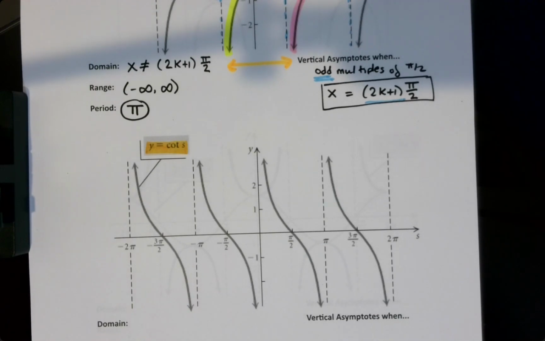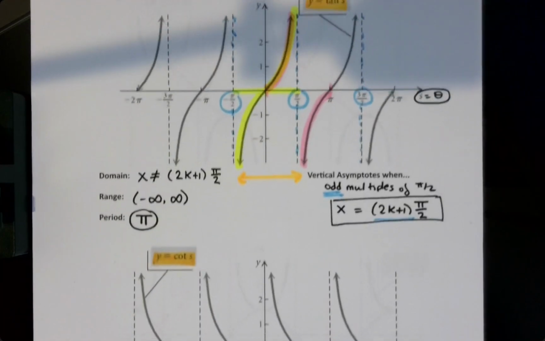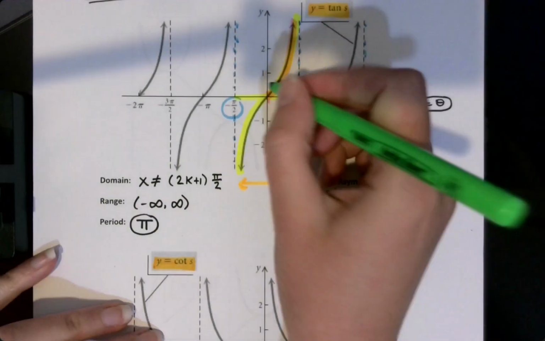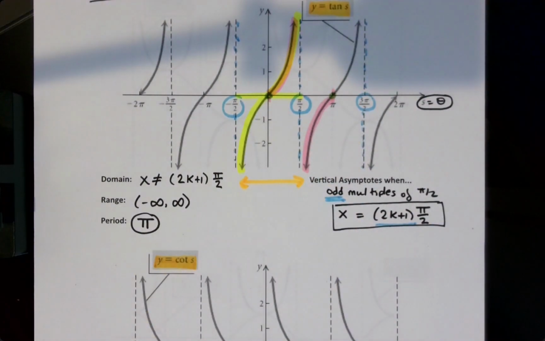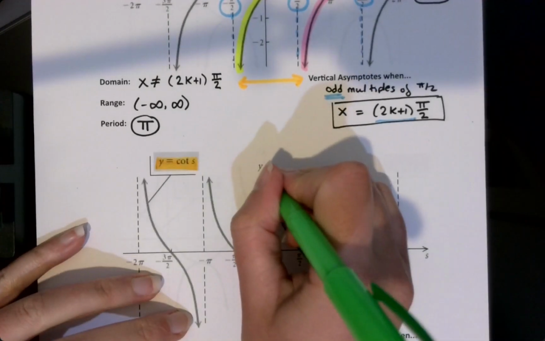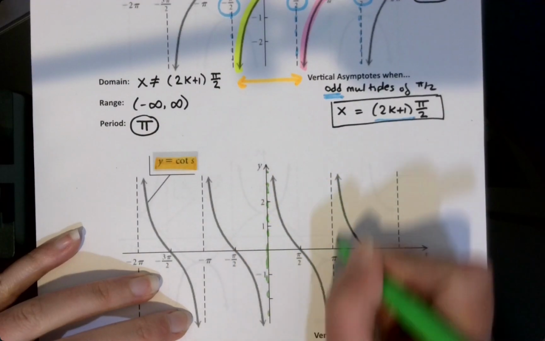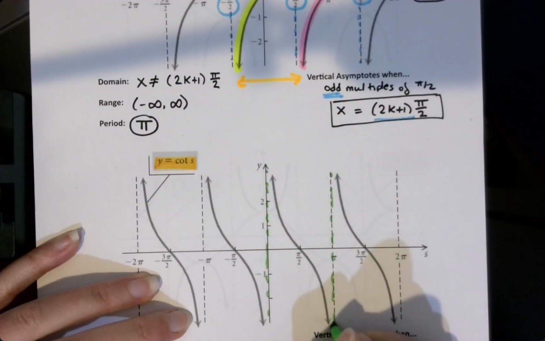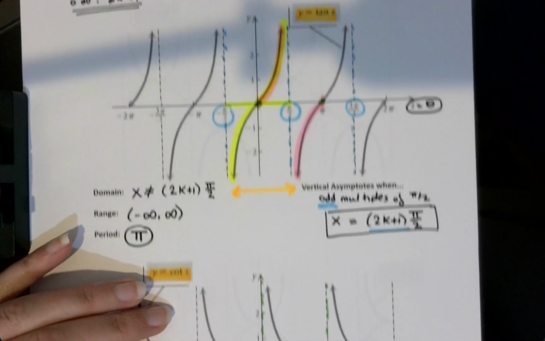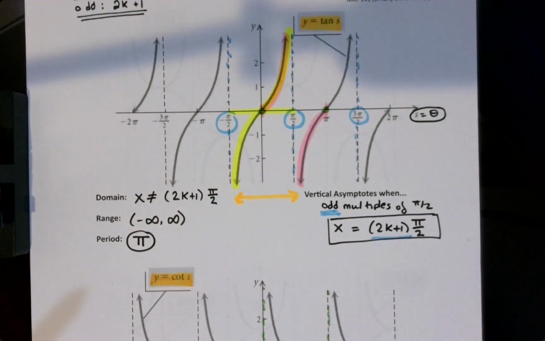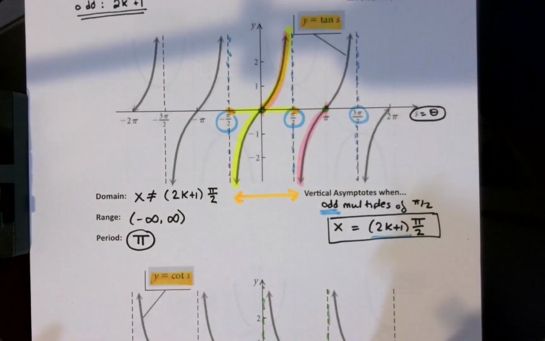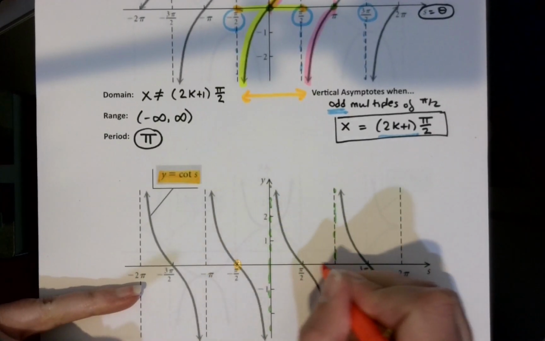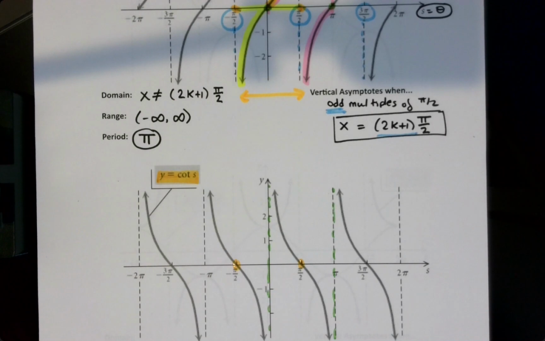In the reciprocal, notice that any place that the tangent function was 0, the cotangent function is going to be undefined, because you're going to have that 1 over 0. And vice versa, any place that you were undefined in your tangent function is going to be a place where you're 0 in your cotangent function, because it's the reciprocal.